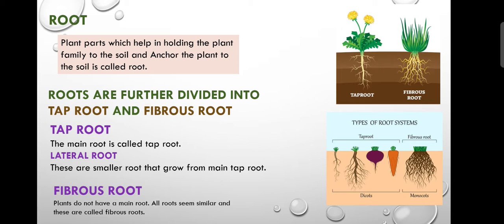Taproot: the main root is called taproot, and lateral roots are those roots which arise from the main root. If we talk about fibrous root, those plants which do not have a main root, all roots similar, are called fibrous root.